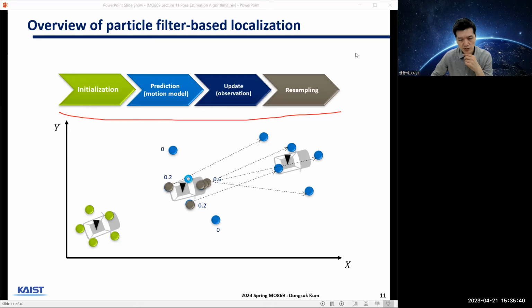So we don't know the distribution, but we can sort of mimic or find out the distribution by sampling, and this process introduces more computation. Okay.